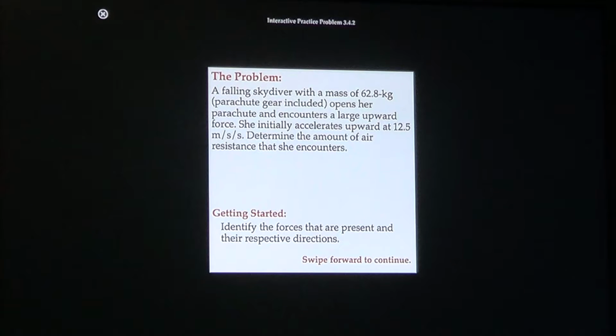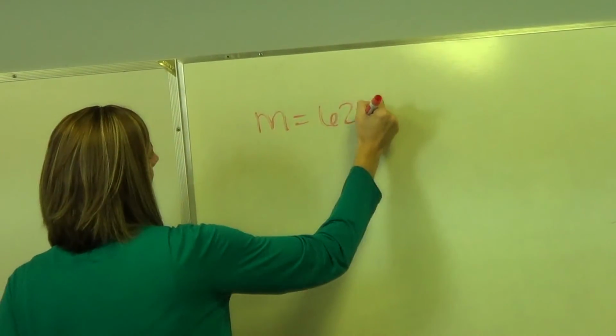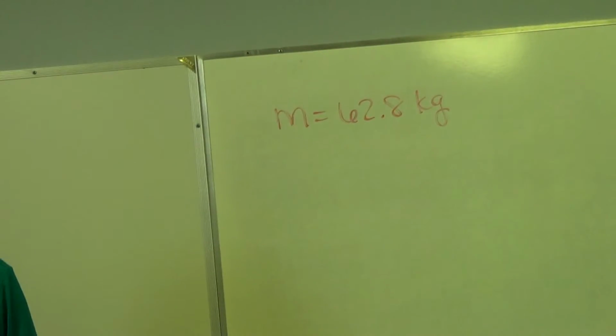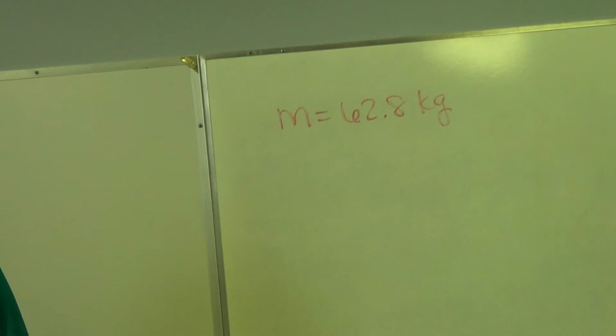Okay, falling skydiver with a mass of 62.8 kilograms, parachute gear included, opens her parachute and encounters a large upward force.